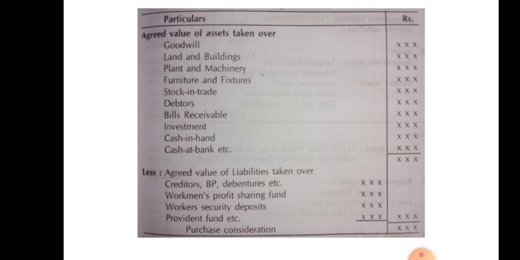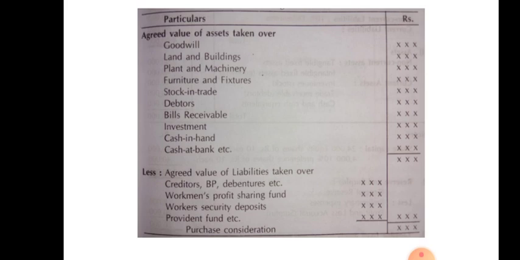But keep one more thing in mind: while calculating the purchase consideration, some things are not included. For example, fictitious assets are not included, such as preliminary expenses, discount on issue of shares, and accumulated losses.